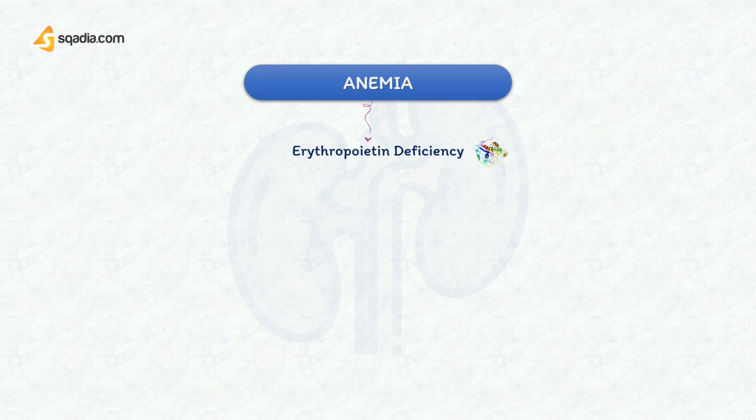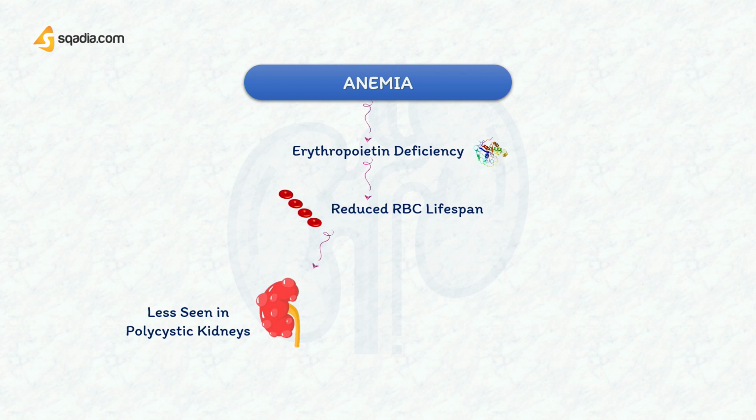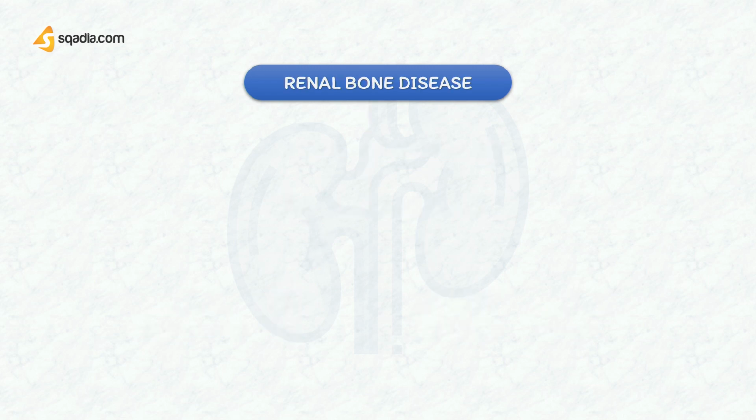Now, this contributes to a reduced red cell lifespan as well, and occasionally iron deficiency from gastrointestinal bleeding. Anemia is milder than expected in polycystic kidney disease and can be more severe than expected in the case of diabetes.